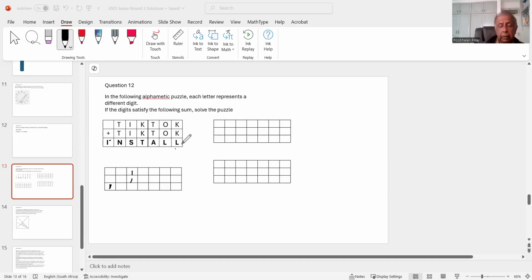You might have to carry over, but this L has to be even because it's K plus K, 2K. So L is an even number which is repeated here. So that gives you an idea as to how to proceed from here.